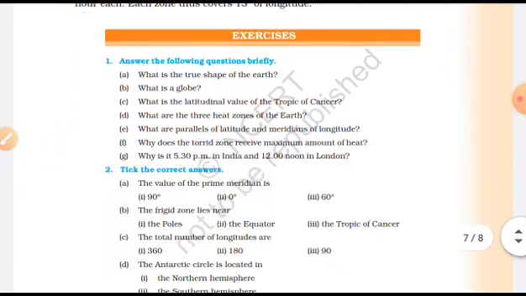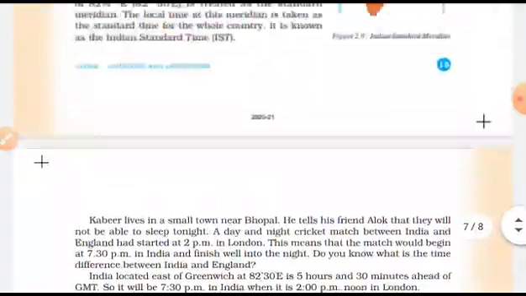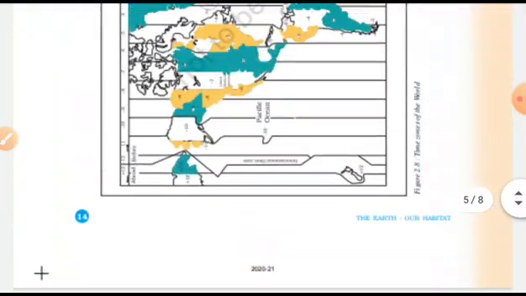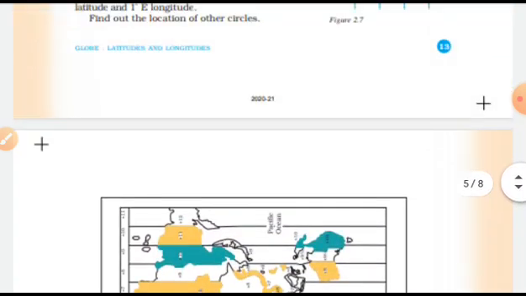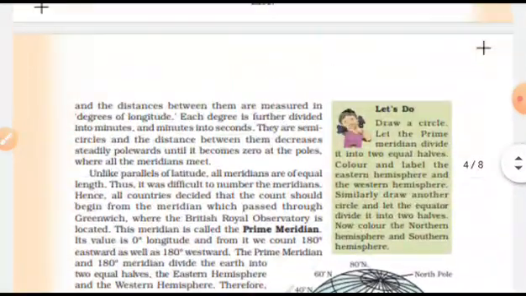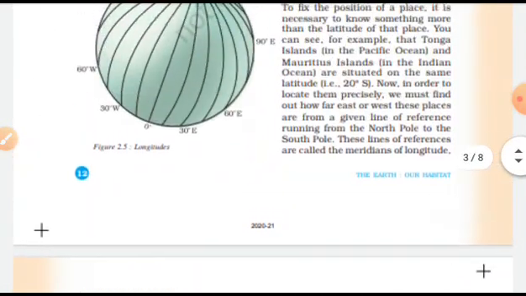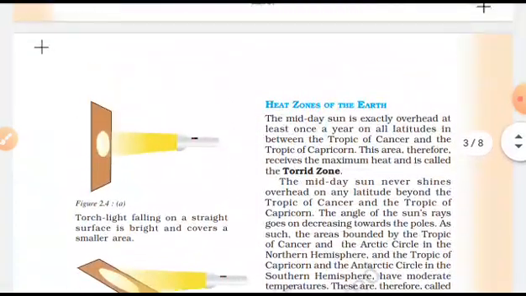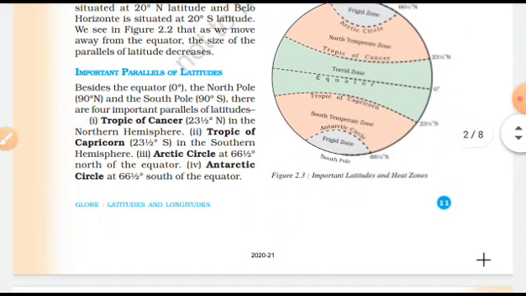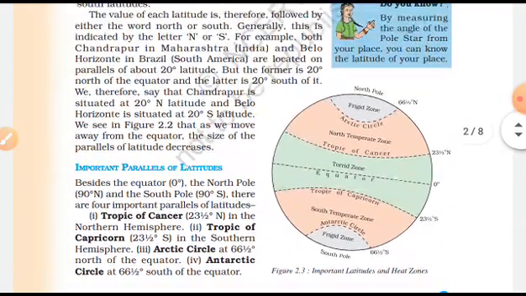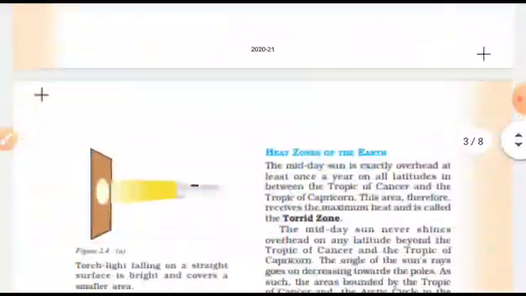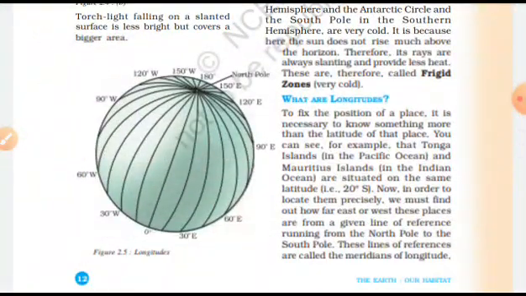So guys, as far as this chapter is concerned, there are two things which are very important: latitude and longitude. These latitude and longitude are nothing but artificial lines, horizontal and vertical. These lines are known as latitude, and these lines are known as longitude.